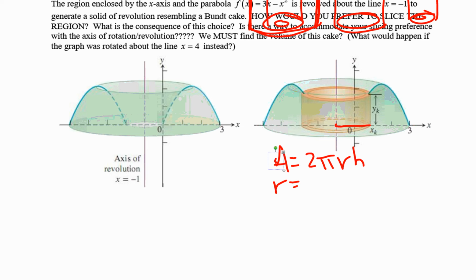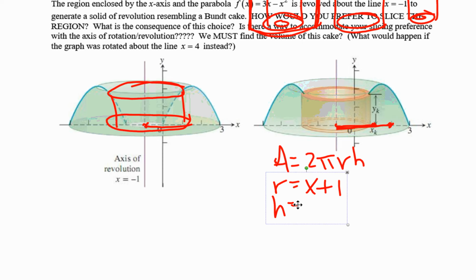How do we figure out what r is at each of these slices, or if we did a cylinder maybe from here? Well, it's whatever this x value is to 0 and then to -1. If we wanted it here, it'd be this x value to 0 and 1. So we're just doing x plus 1.